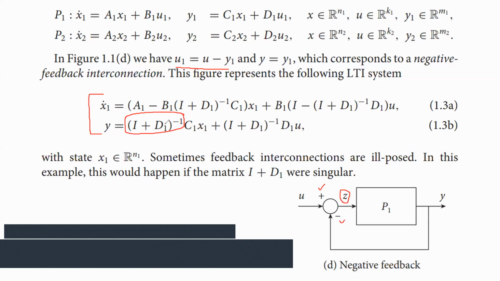So this inverse value can be zero if D1 becomes the identity matrix with negative sign. If this value becomes zero, then we have a condition that these interconnections are ill-posed. Okay, because of the singularity. Singularity means the value is primarily zero, and we know that 1 over 0 case primarily leads us to the systems which are not completely specified.